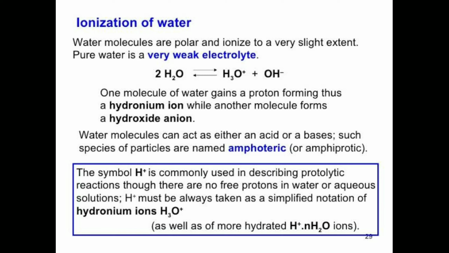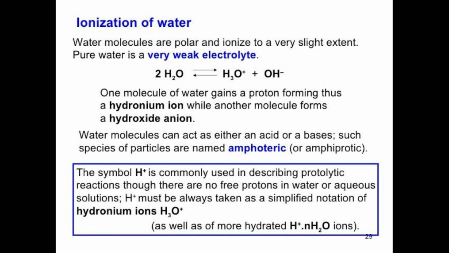The next point is the amphoteric nature of water. Water has the ability to act as an acid as well as a base. Such behavior of water is known as the amphoteric nature of water. For example, H2O plus NH3 at equilibrium gives OH- plus NH4+ ion.